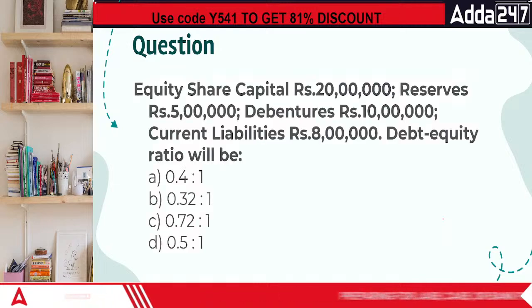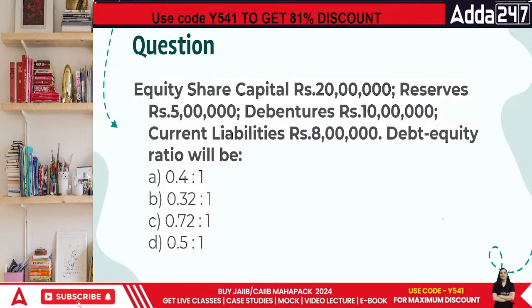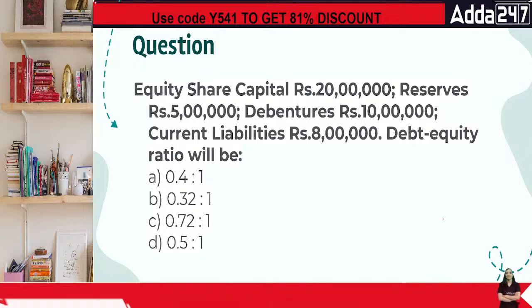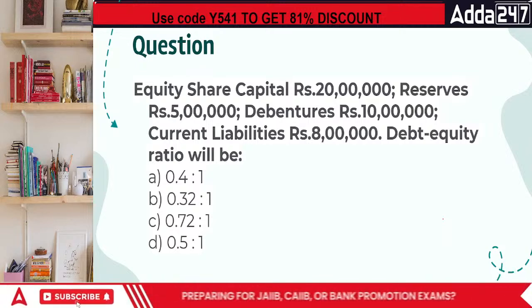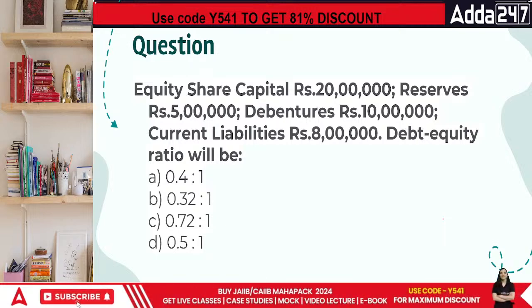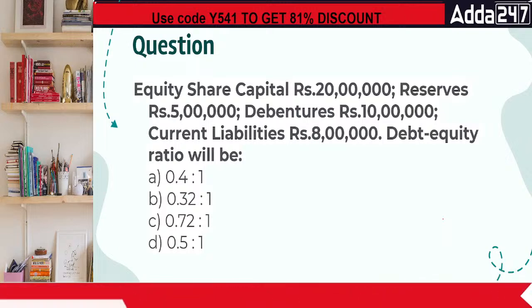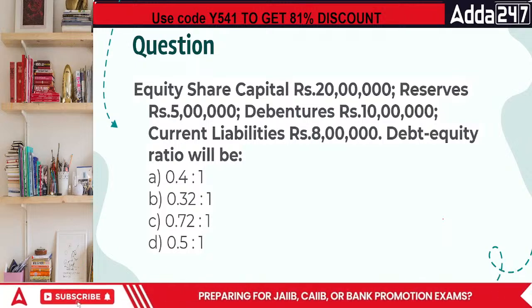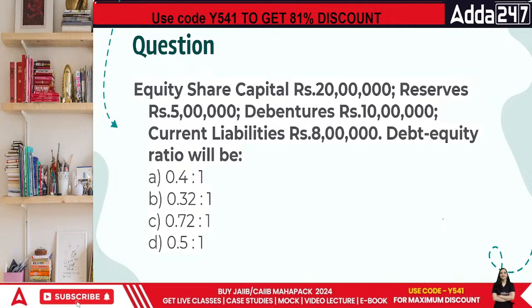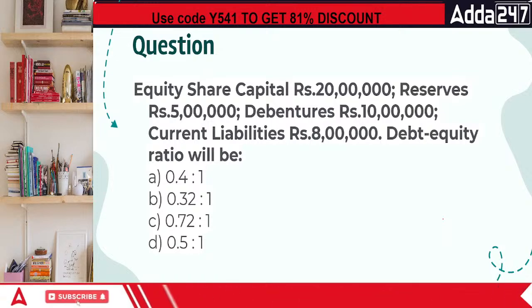The answer is D. Acha, here comes the next question. Equity is given, capital is given, reserves is given, debentures are given, current liabilities are given, and debt equity ratio is given.